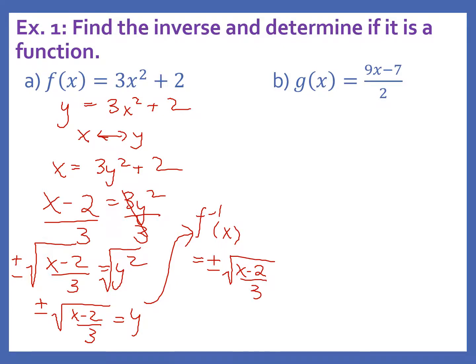Now, to determine if that is a function, first of all, the original function, 3x squared plus 2, is a quadratic function, makes a parabola, opens up, definitely going to be a function. So this is going to basically look something like that. Function. The inverse is the root function, which we know kind of looks like this.